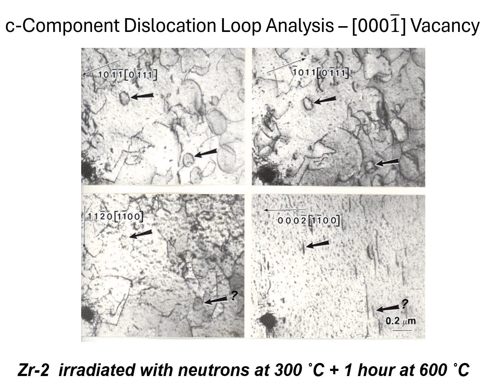In this case, I took a sample with some C-component loops in it from a PWR. It's irradiated at around 300 degrees C, and heated for an hour at 600 degrees C. You get nice clean images, and it makes it easier to do the loop characterization. In this case, it's a vacancy loop.